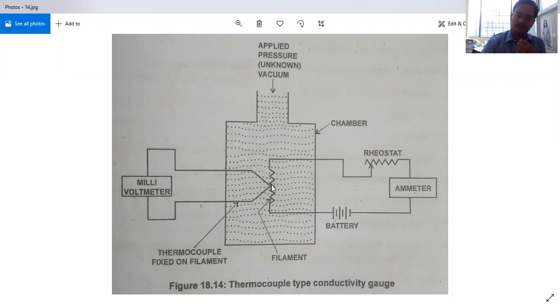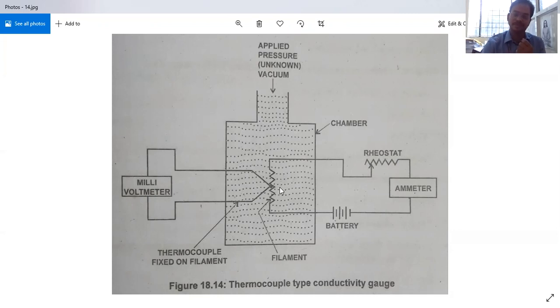The surface of this filament will be in contact with the material. The greater the density, the greater will be the surface contact. The lesser the density, the lesser will be the surface contact. So depending on the density, the surface contact will vary.